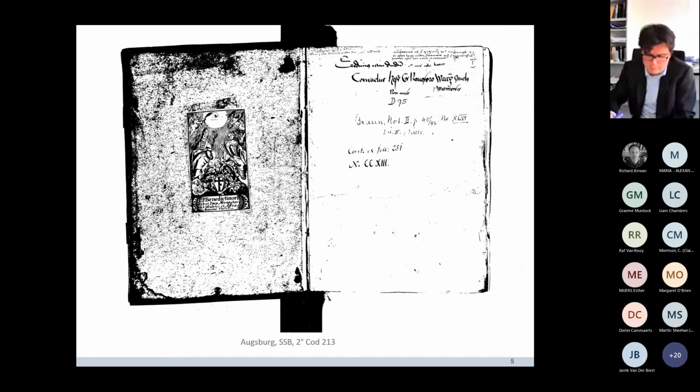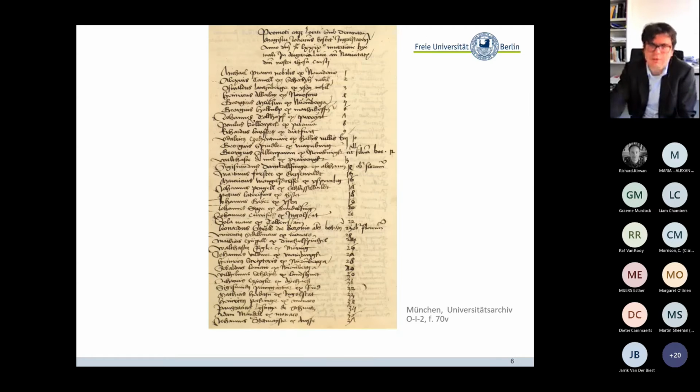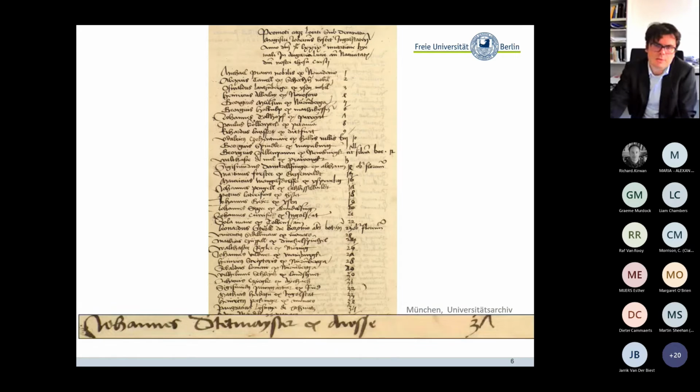As we learn from official university documents, for example, from the documentation of the bachelor exam in 1479, Johannes Stedmeister ranked at the very end of the university's hierarchy. You see him here, the last one who was promoted to bachelor at this bachelor promotion in 1479.